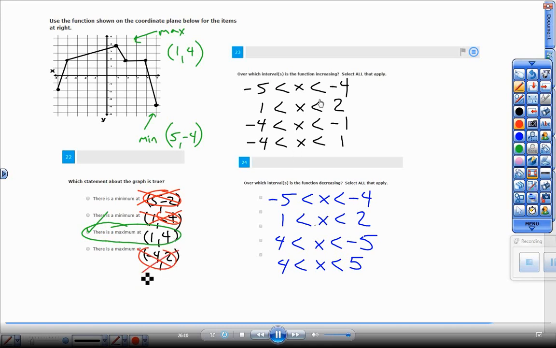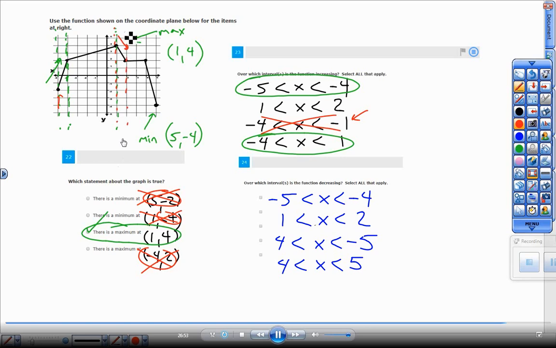For this one, increasing functions, they break it up. I could see that this first stretch, it's going up right here, is bordered from negative 5 to negative 4, left to right through the x-axis. First interval. And then from negative 4 to positive 1, be careful, negative 4 to positive 1, don't fall for that one. 24, this would be going down from positive 1 to 2.